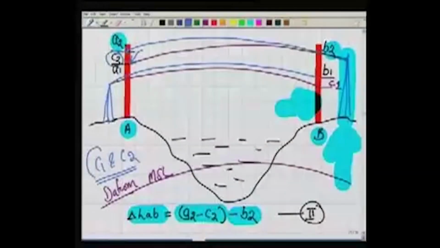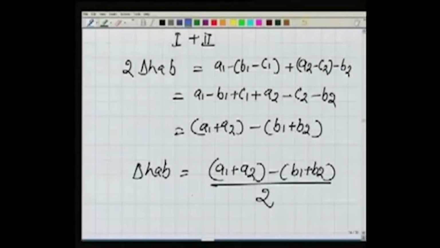The meaning of simultaneously means I have one level kept at A, another level kept at B, and we are taking the observations simultaneously. So that when I am taking the observations, the atmospheric condition for both these observations is the same. In that case, we can very well say that C1 should be equal to C2. These two errors should be the same. So if these two errors are the same, I can now easily sum equation 1 and 2.